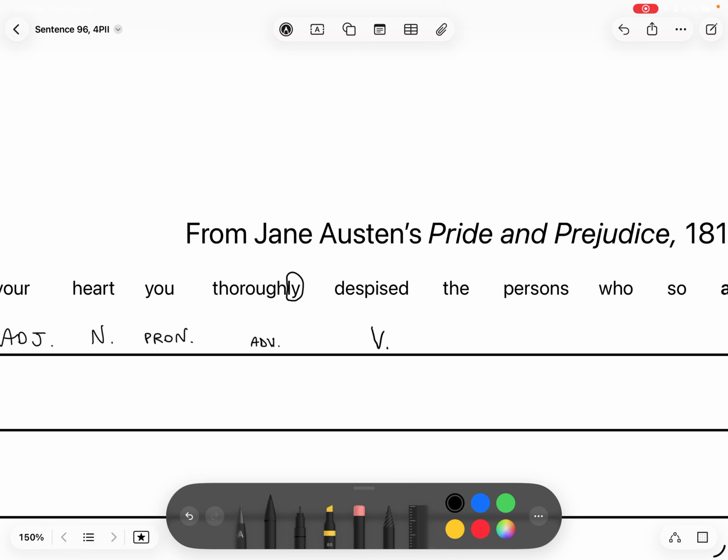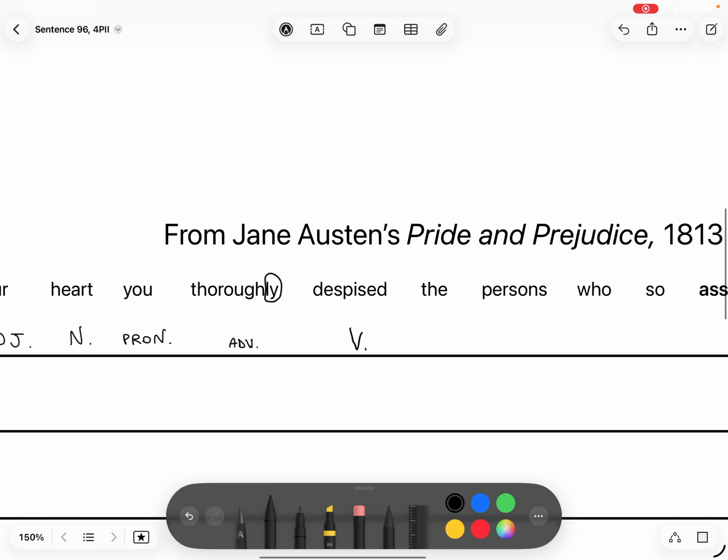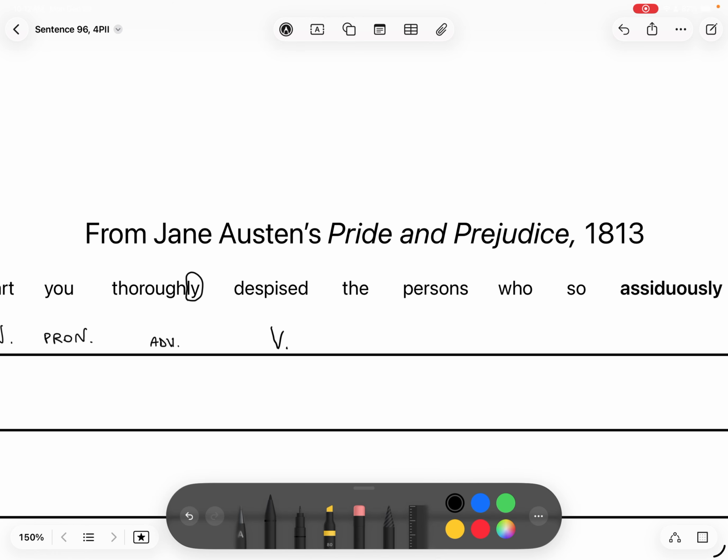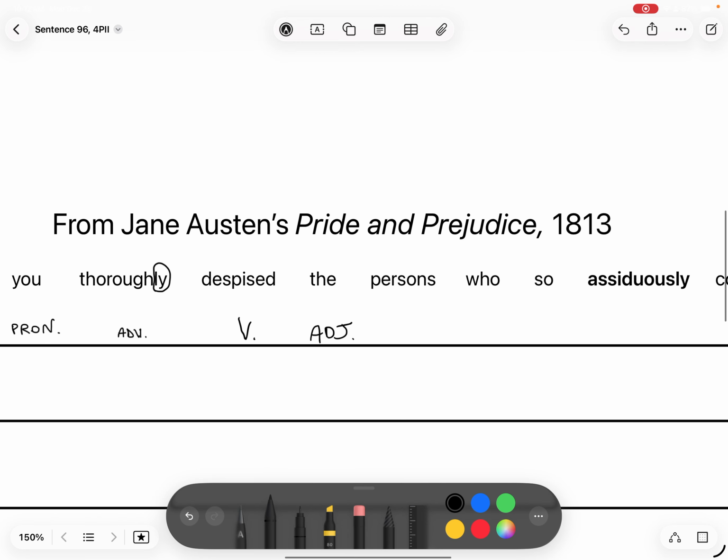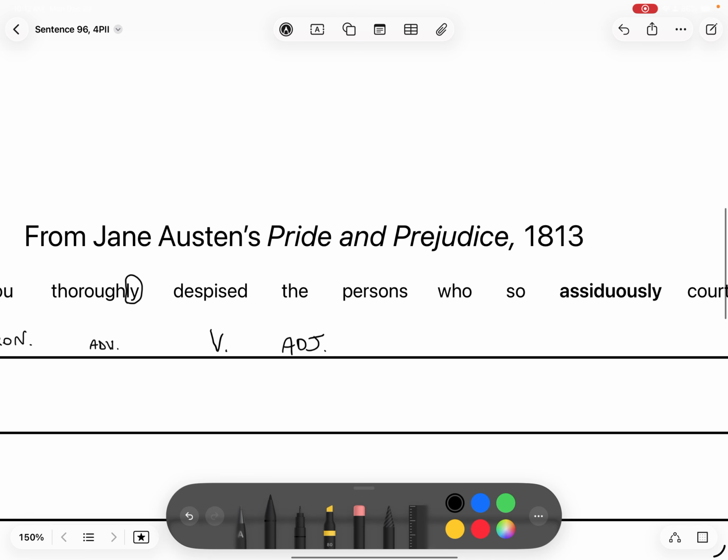It's modifying it, just like we had your heart back here. And next we have the, which is going to be an adjective, because similarly to your heart, we have the persons. The is describing what kind of persons. We have the persons in particular. And of course, persons is the noun.